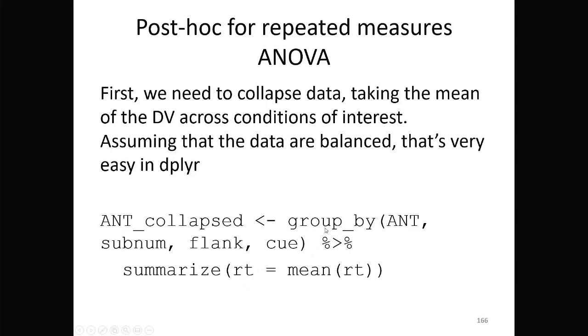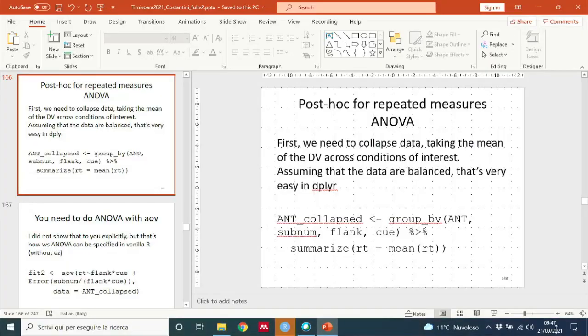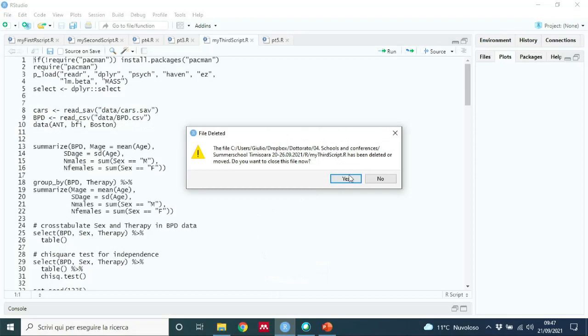But first I grouped the data according to the subject identifier, the flanker, and the Q. There are of course other methods to do that in R, like I think there is a function called aggregate, but I typically use this syntax. So let's quickly do it.